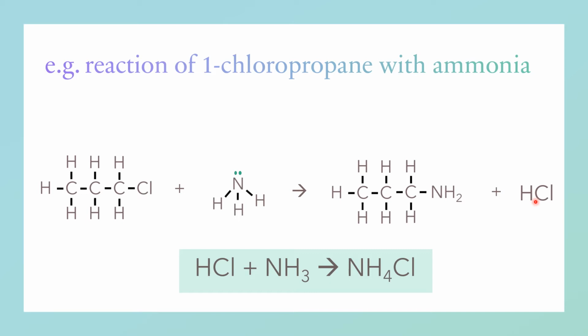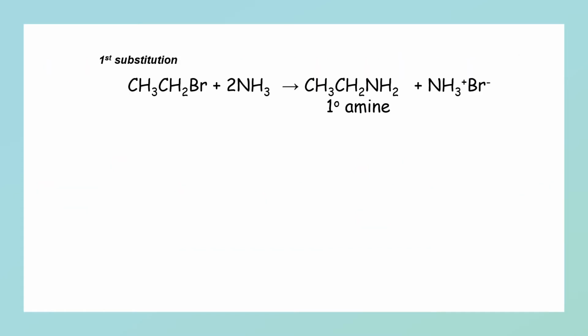So just below that, you're going to write in what's in this green box. So you've produced your amine and this HCl, this hydrochloric acid in this case. What happens then is the acid reacts with any leftover ammonia and it forms the ammonium salt. So that's what you want to write in.